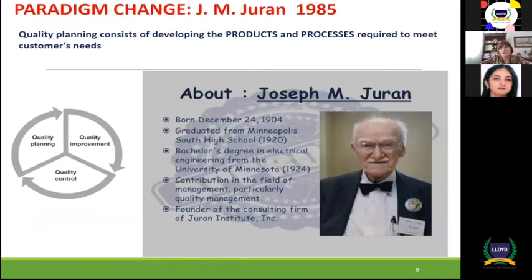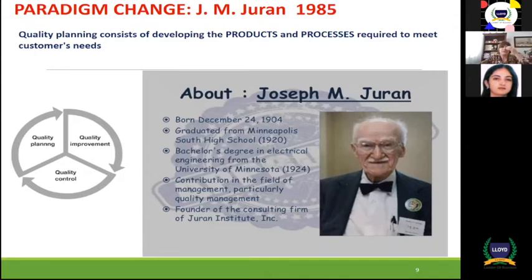And for this paradigm change, the person we have to mention as the first to develop and deliver the theory of QbD is Juran.